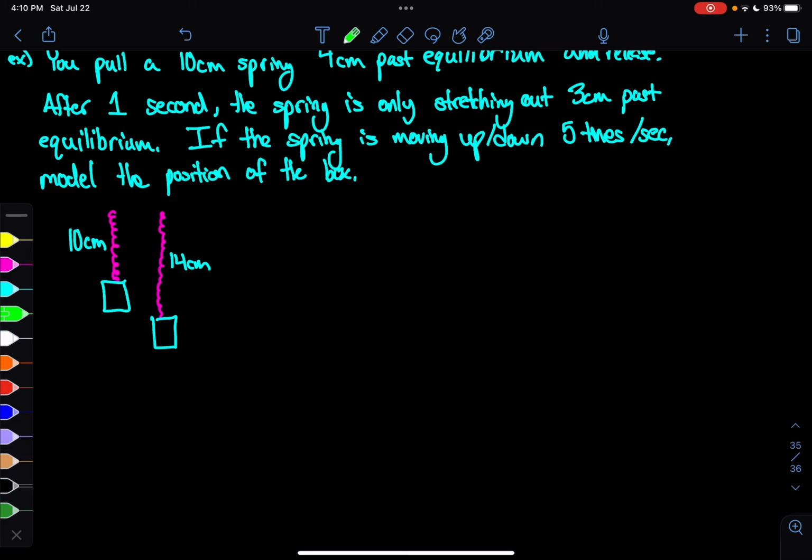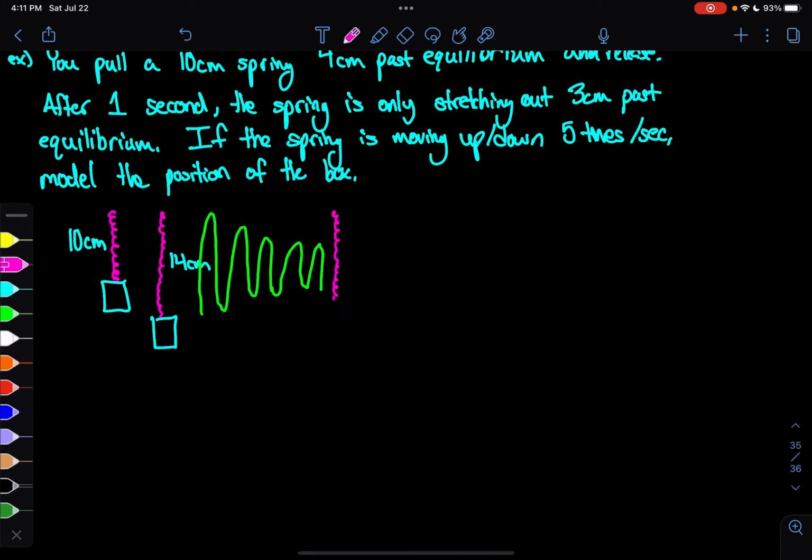It oscillates up, down, up, down, 5 times, okay? When we measure it again, now the box is only at 13 centimeters. It's only going 3 centimeters past. The question is, how do we model this?